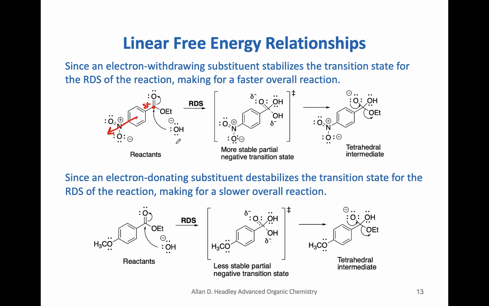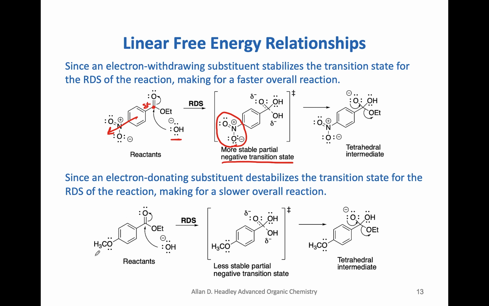So in the rate determining step where the OH negative, which is nucleophilic and has electrons, comes in here, you can see that it's favorable. So it produces here a partially negative transition state, which is stabilized by the nitro group. So it's very stable.